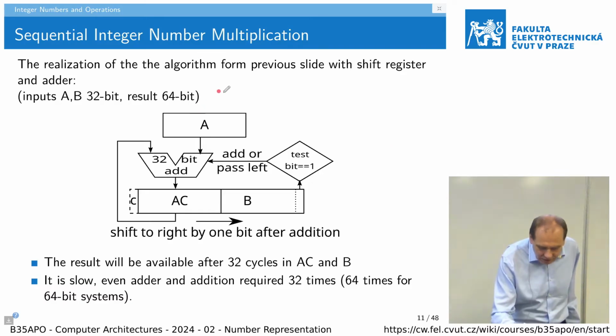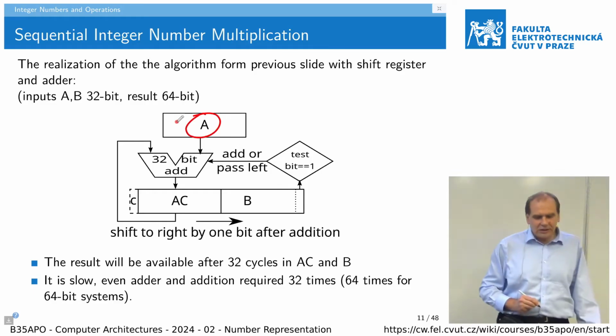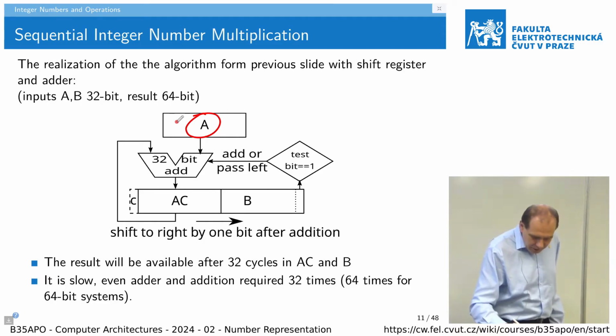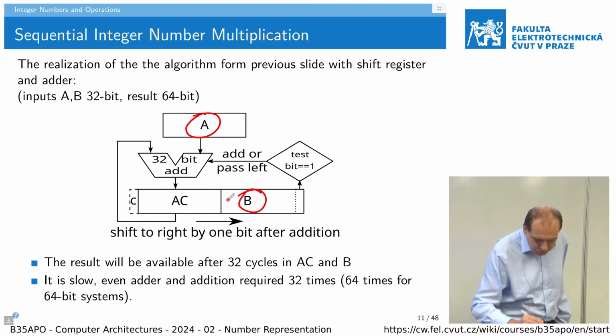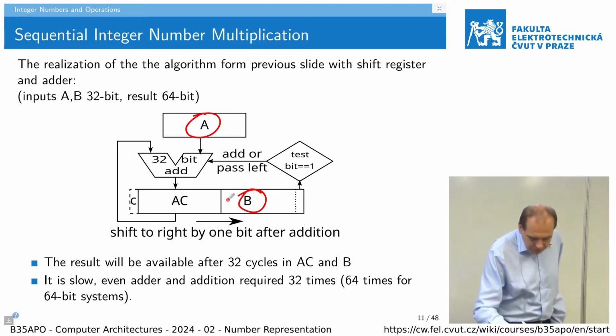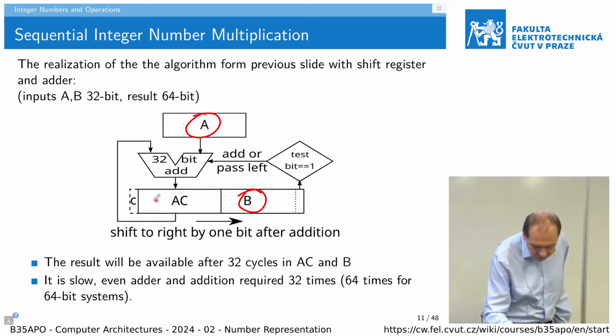Then we take the multiplicand and put it into the register A. Then we put the multiplier into the register B, and fill the rest of this register with zeros.